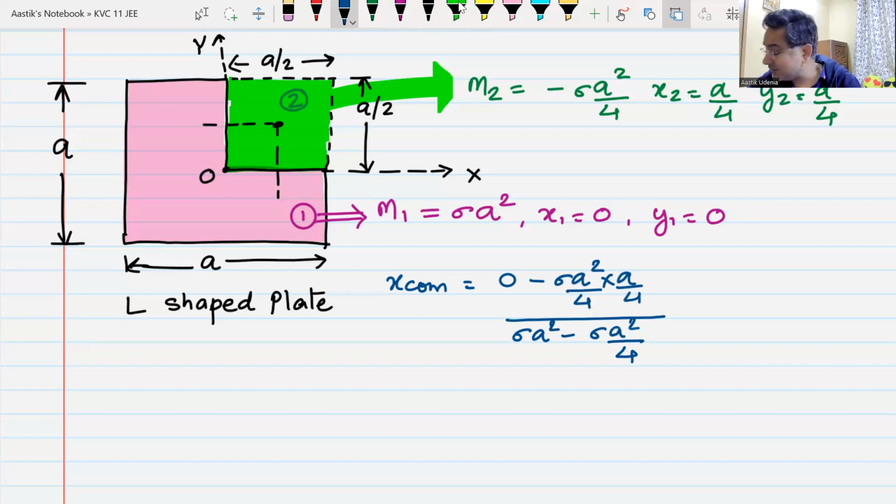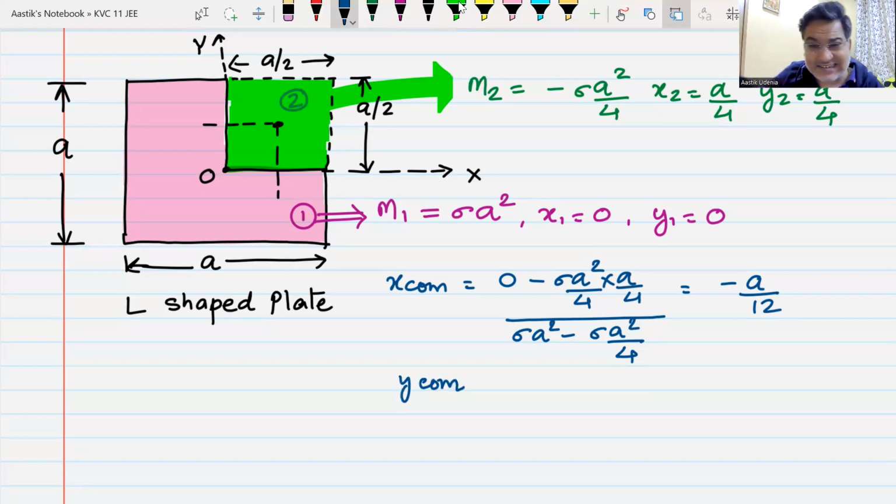Do we understand this? And I think the answer will come as a by 12, minus a by 12. Is it coming as minus a by 12? Yes, sir. And you will also find out the y position of the center of mass. The formula is exactly the same, and it will also come as minus a by 12. Is it coming? Yes or no?